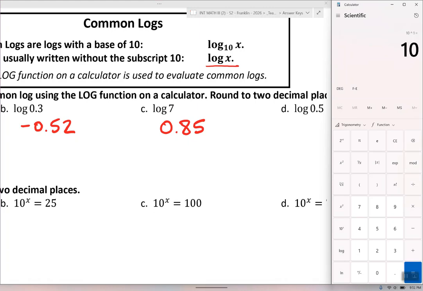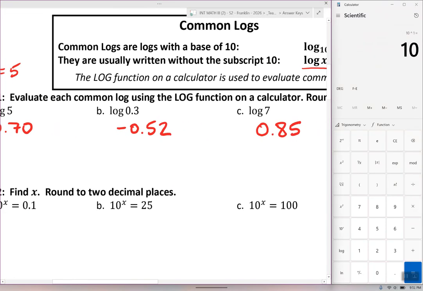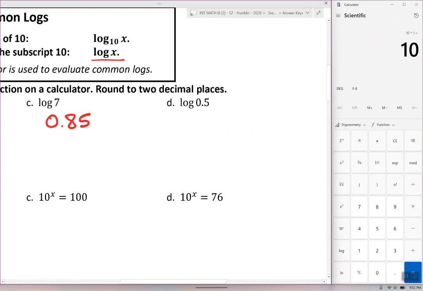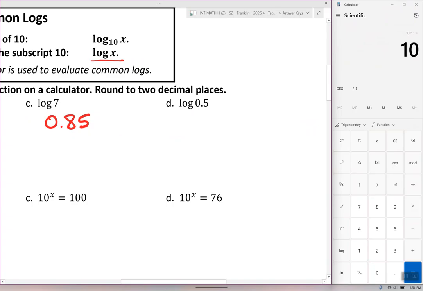So 10 to the 0.85 gives me a number that is almost 10. These numbers should make sense if you think of them as the exponent you would put on a 10 to get this number. Okay, log of 0.5. We get negative 0.30.